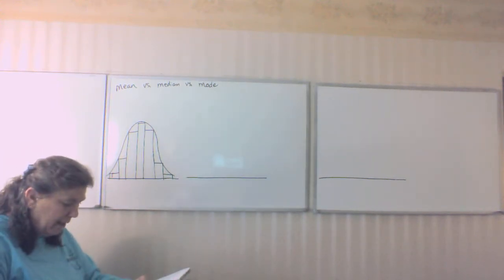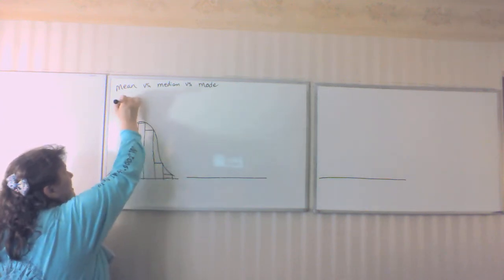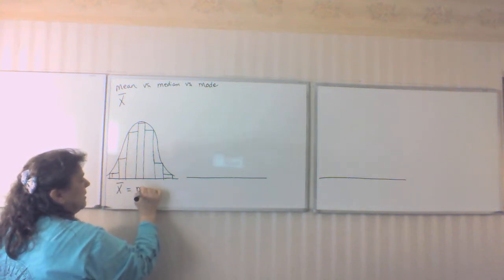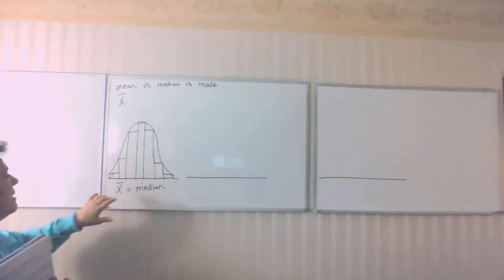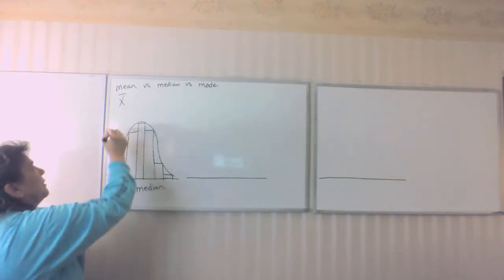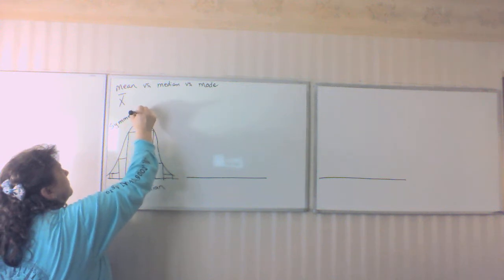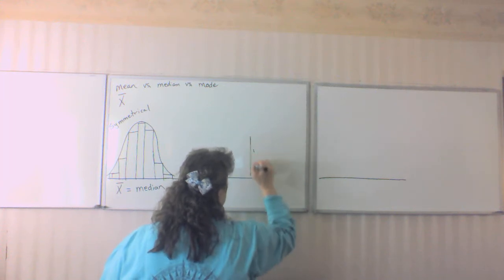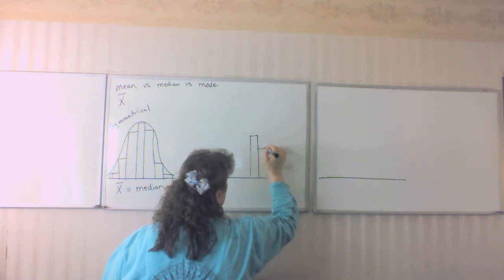If it is symmetrical, and this is a symbol that means mean, the mean is equal to the median, or fairly close, almost exactly equal. The mean and the median are almost exactly the same value in a symmetrical graph. Okay? But what if it's skewed over to the right as you look at it?